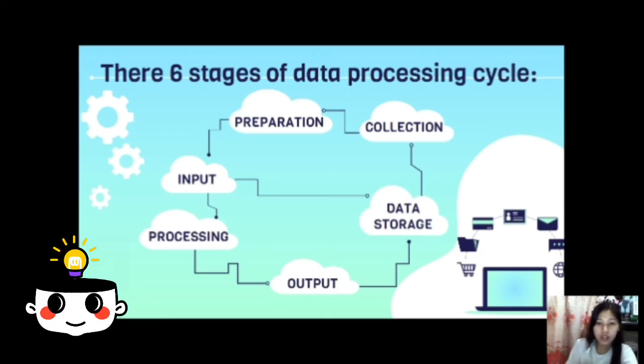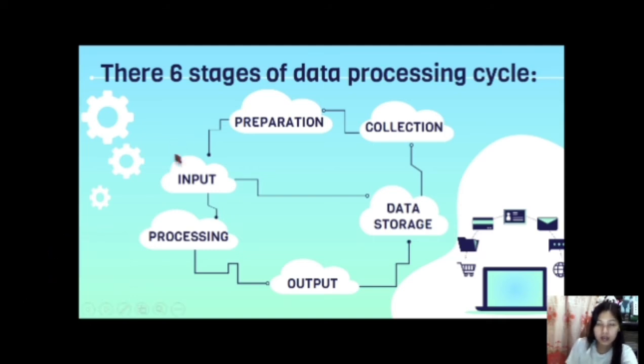Sa mga information na na-convert ng data input, may mga datas doon na hindi pa kailangan i-process agad. So, this means na yung data na yun ay mapupunta muna sa data storage in order for it to be stored, and then tsaka siya i-retrieve when needed in the future. Kapag nangyari yon, babalik siya ulit sa data collection cycle hanggang sa makapunta siya sa data output.